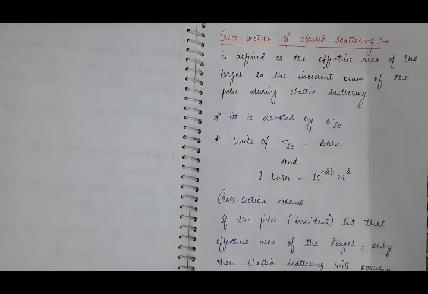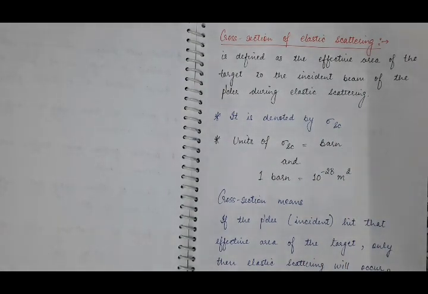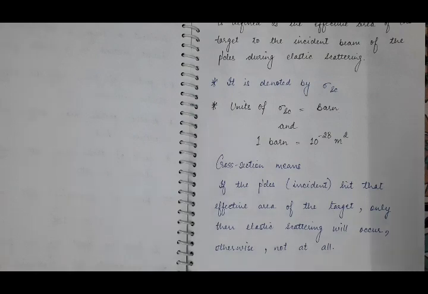Now from this definition, what do you conclude about this cross-section? What does this cross-section mean? This cross-section means that only when the incident particles strike inside the effective area of the target particle will elastic scattering occur.